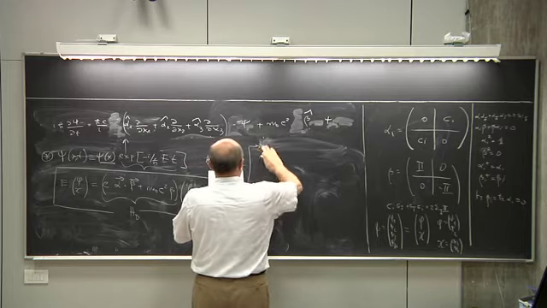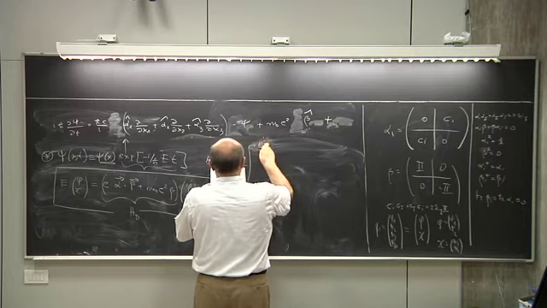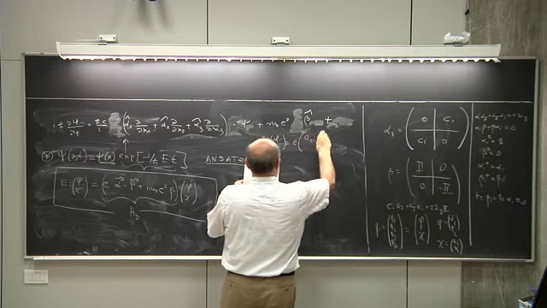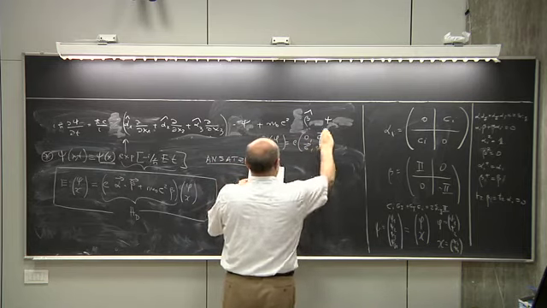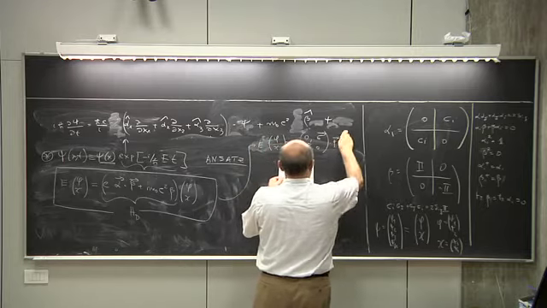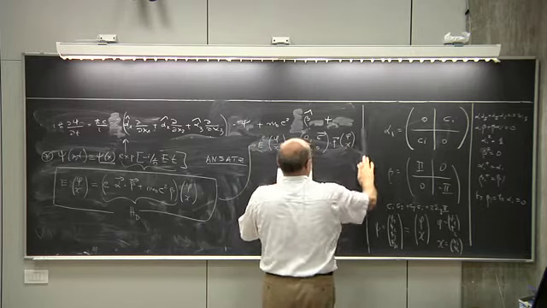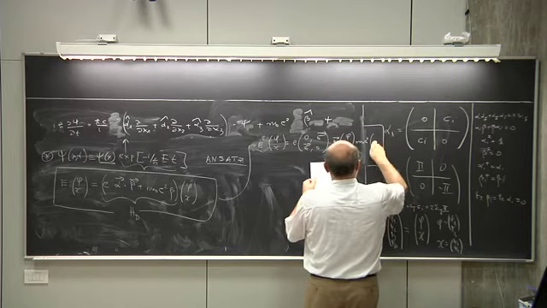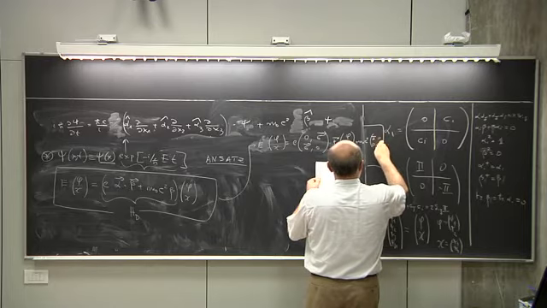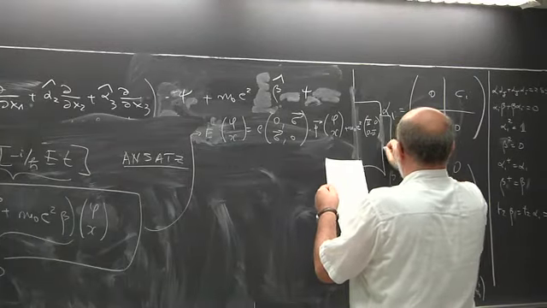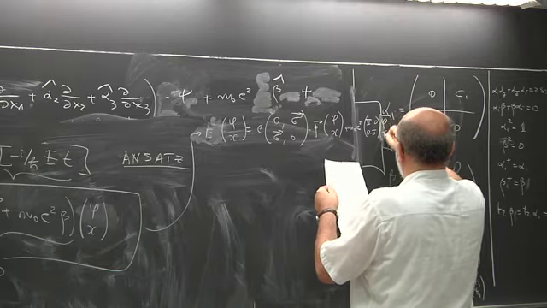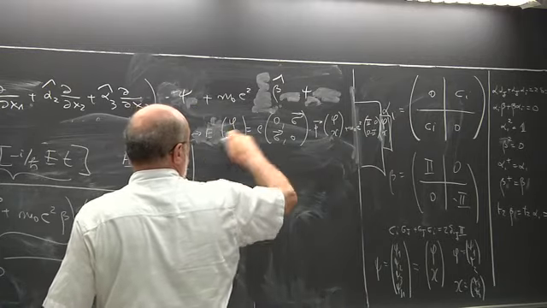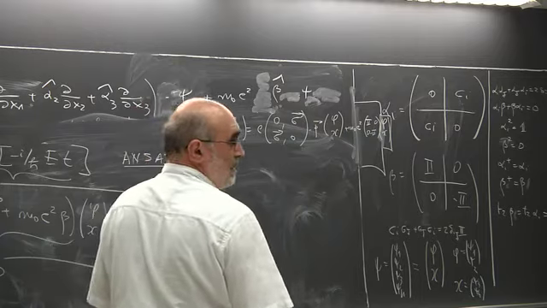E (phi, chi) equals C (0, sigma; sigma, 0) times P (phi, chi), plus M0 C square (I, 0; 0, minus I) (phi, chi). Okay. So now you equate the upper 2 components and the lower 2 components on the left and the right hand side.